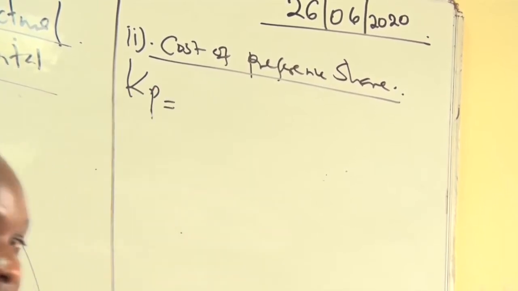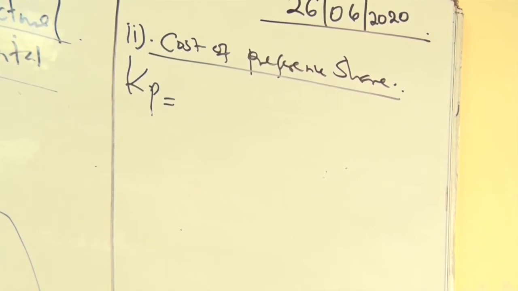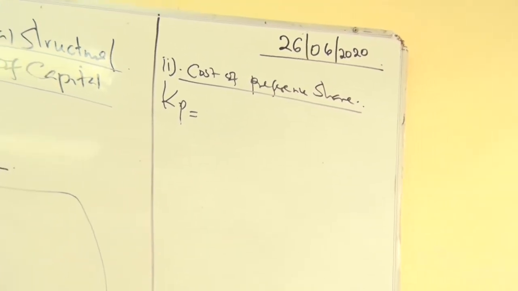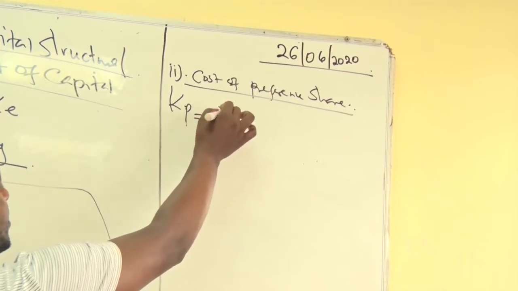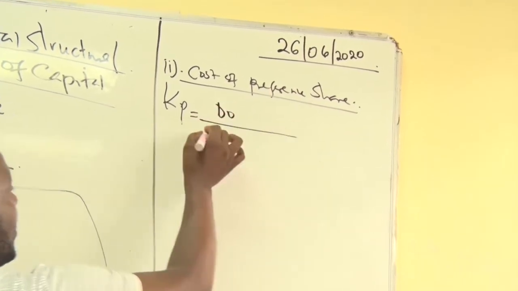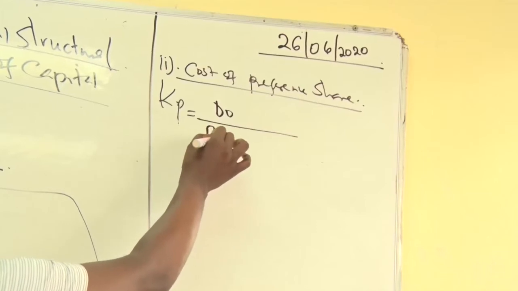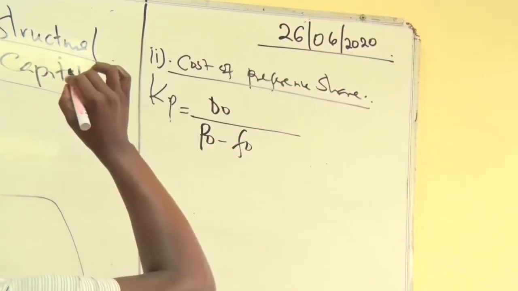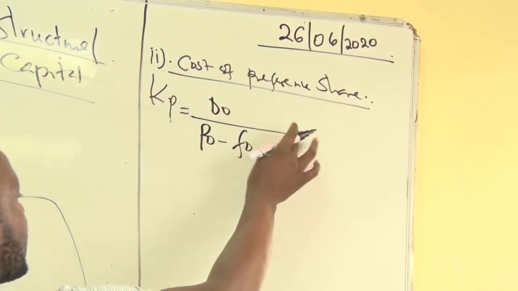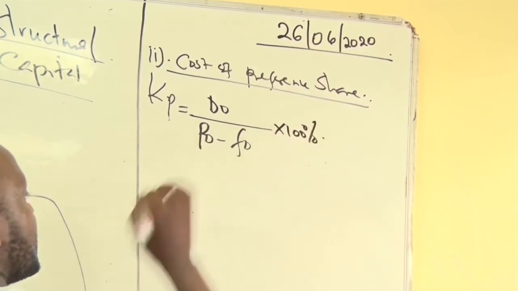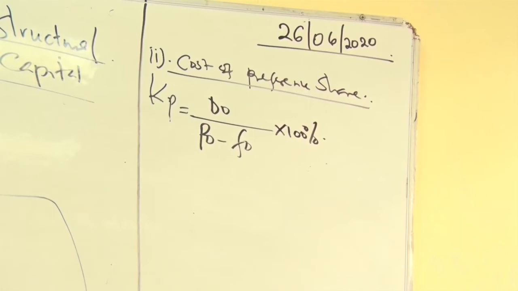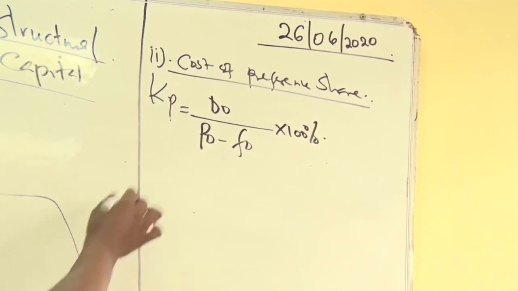Remember, preference shares also attract dividends. So you say D0 all over P0 minus F0, and then remember, you also need to multiply by 100%.